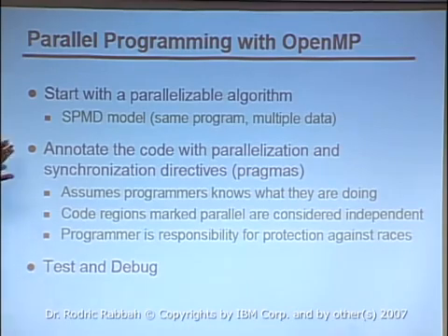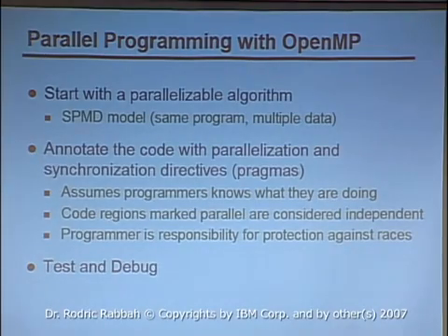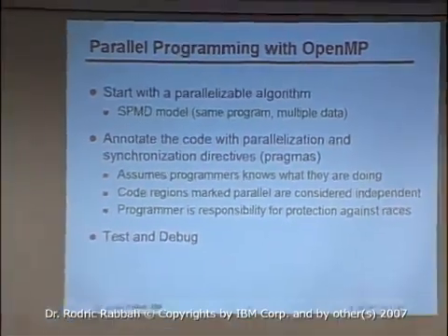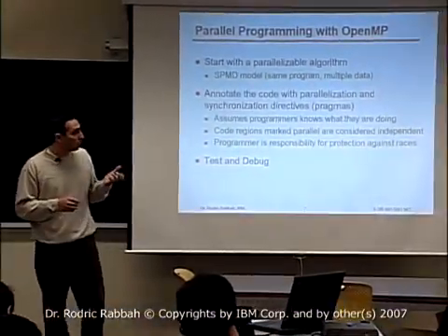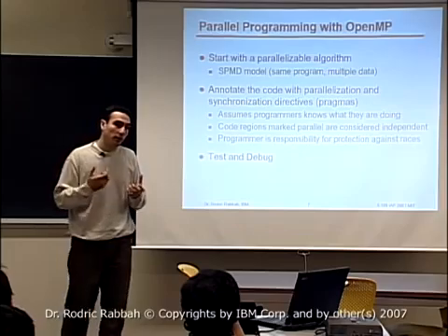So you start with your sequential code. This is the same program, multiple data kind of parallelization. You might have seen in the previous lecture SIMD, single instruction, multiple data, which allowed you to execute the same operation, an add, over multiple data elements. Here it's a similar kind of terminology: there's the same program, multiple data, and multiple programs, multiple data.